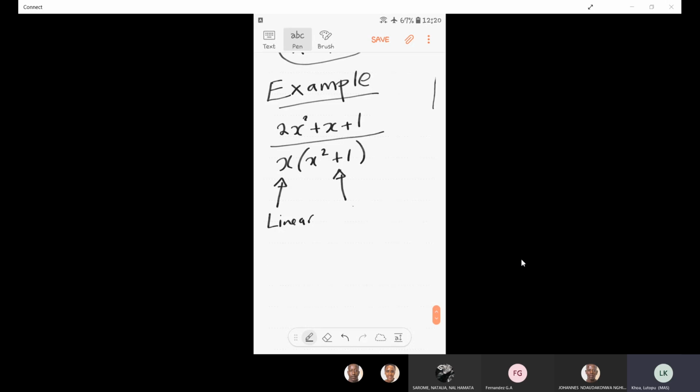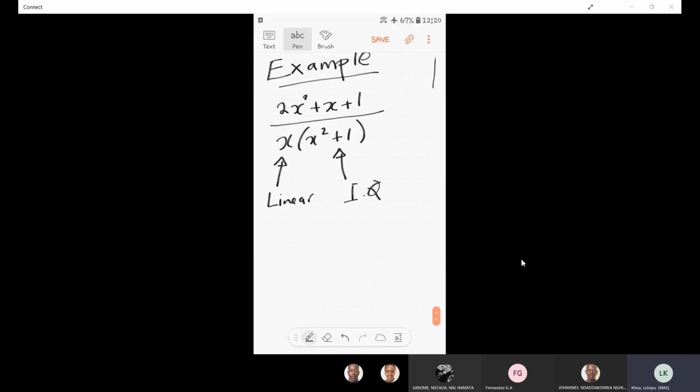And this one is irreducible quadratic. So when I write my partial fractions, I will have A over x, and then I have Bx plus C over x squared plus 1. My numerator over here must be linear because what I have in the denominator is quadratic.